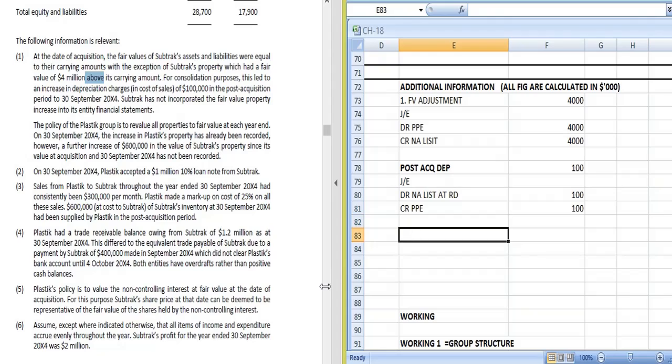So this is the post acquisition revaluation surplus. Amount is 600. Okay. So while dealing with questions, we will know what to do with this amount. Okay. So next information is, this is for the 1 and 2.